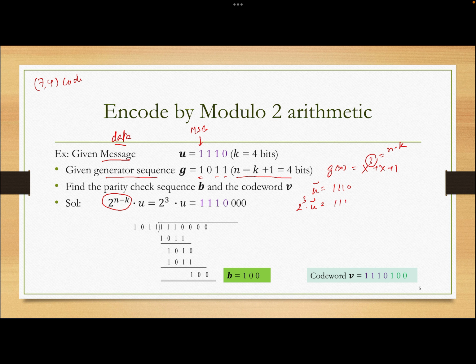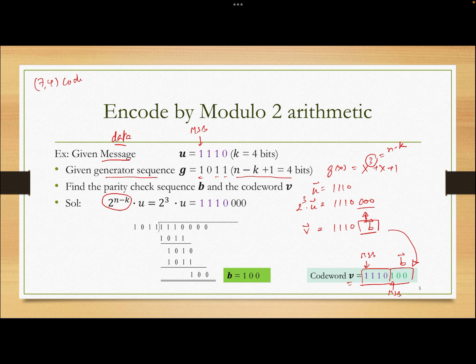So you get u shifted left with 3 more zeros. When you compute the code word, you will have the data here, and this is the b, the parity check, with the most significant bit of the parity check here, and you add them together and you get the code word.